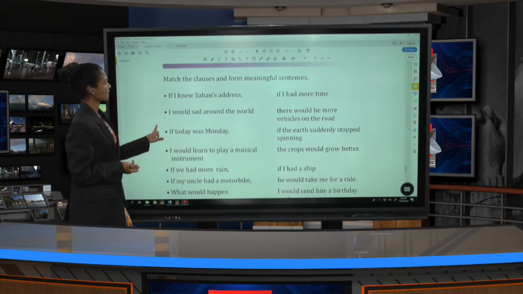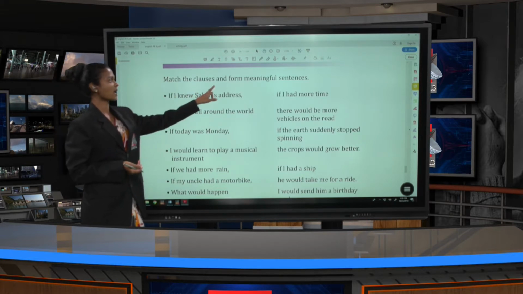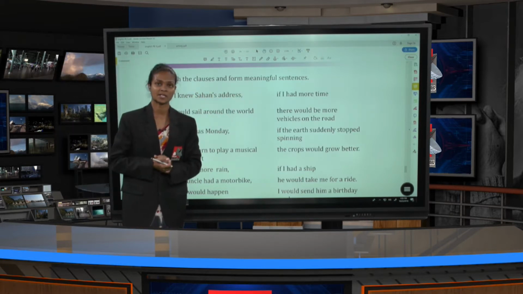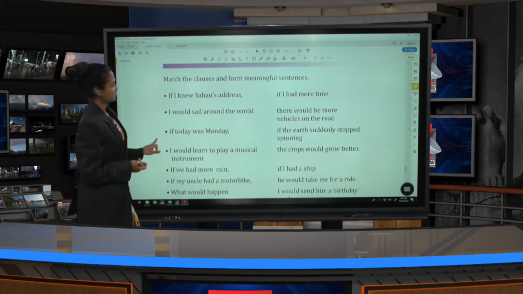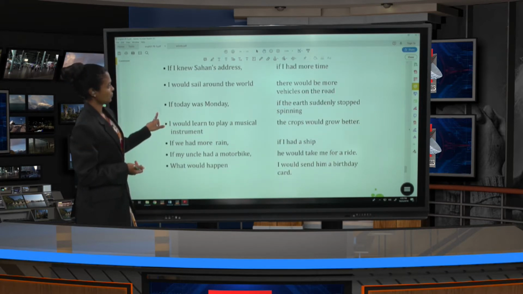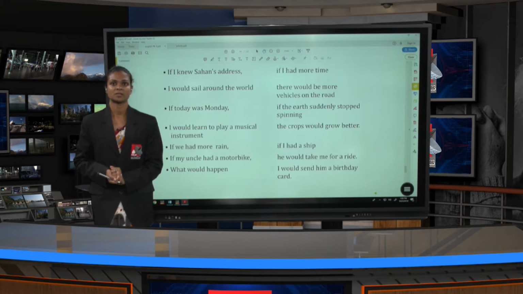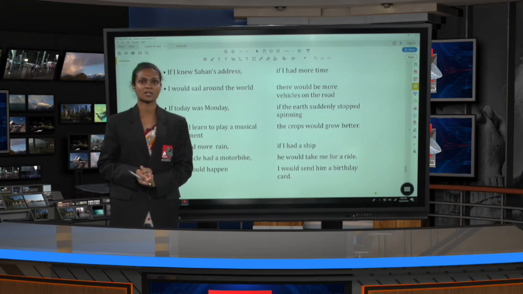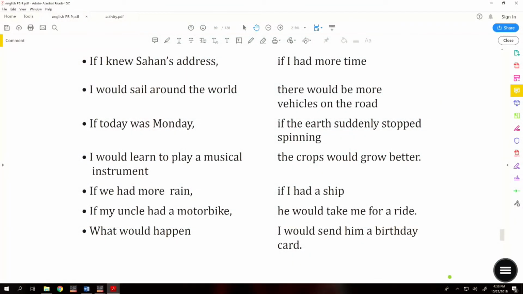So match the clauses and form meaningful sentences. Right. The activities appeared on your screen. Read each clause well, and try to match each part with the rest. There are 7 sentences.